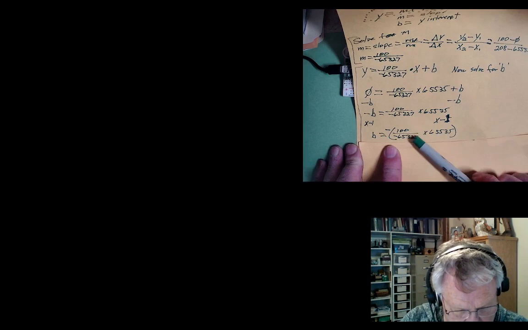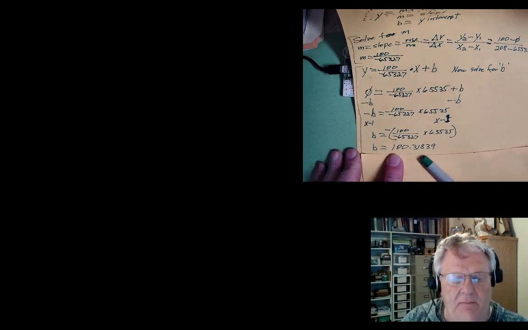Now I have to get rid of the minus, so I'm going to multiply both sides by a minus 1. And that actually comes out to b equals, you have to put the minus with the parentheses here, because everything in the formula is now the minus, so there's the slope times the x. And so b actually equals 100.31839.